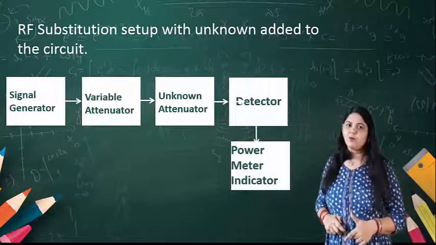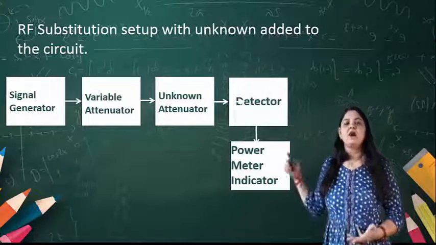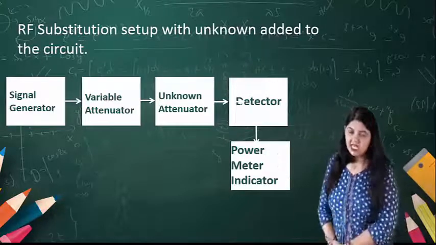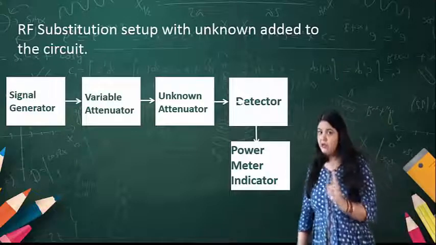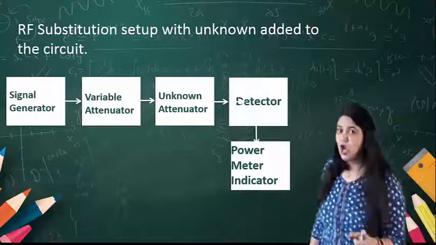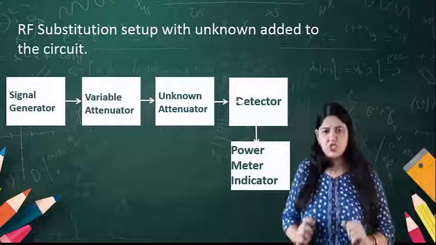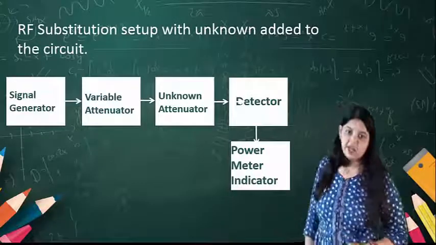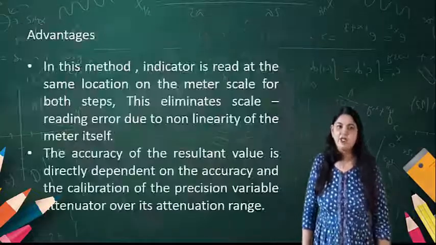The detector output we can measure using the power meter indicator. This way, we have the known value and the unknown value, and by comparing those two values, we are able to find out the attenuation.